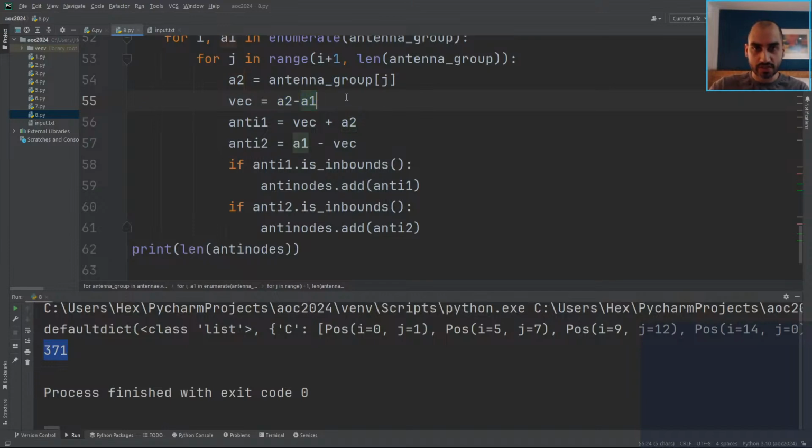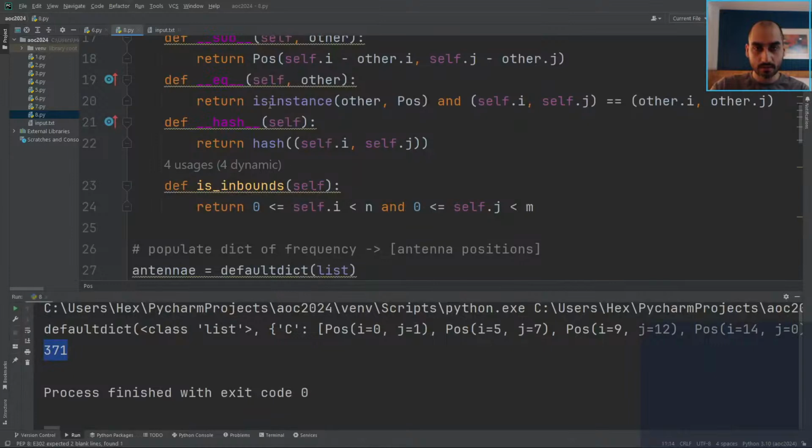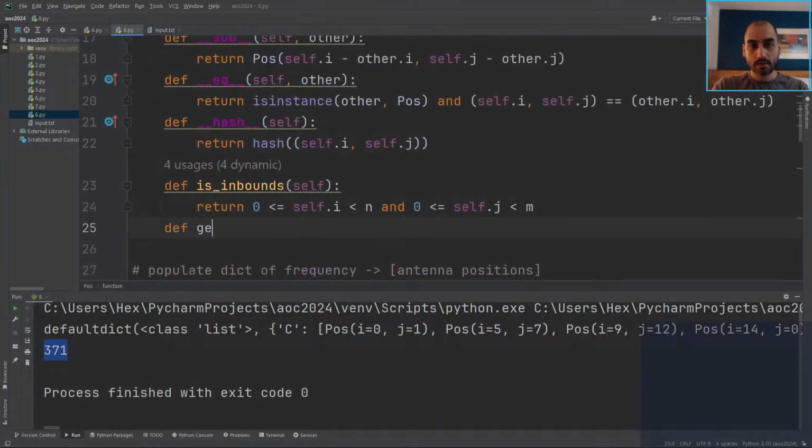So if we were to just add a method for our pos class, say define get, what is the term for this? Get highest common factor vec.